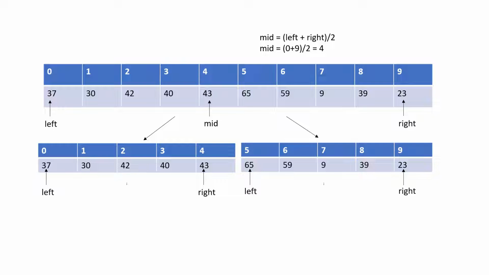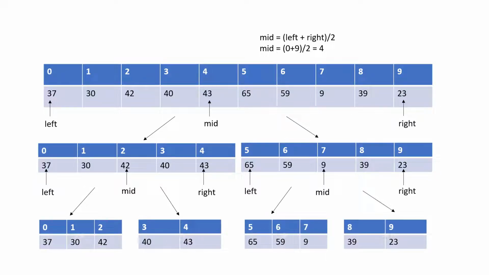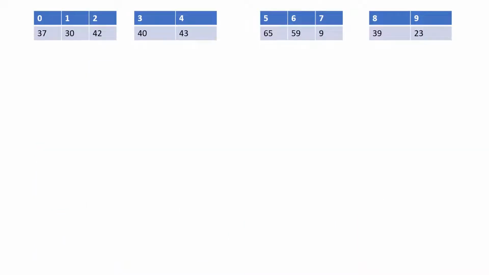Now we have to divide the left side box into two parts, that is from 0 to 2 and from 3 to 4, whereas in the right side box the dividing is from 5 to 7 and from 8 to 9. Now again we have to assign the left and right values for these divided boxes.